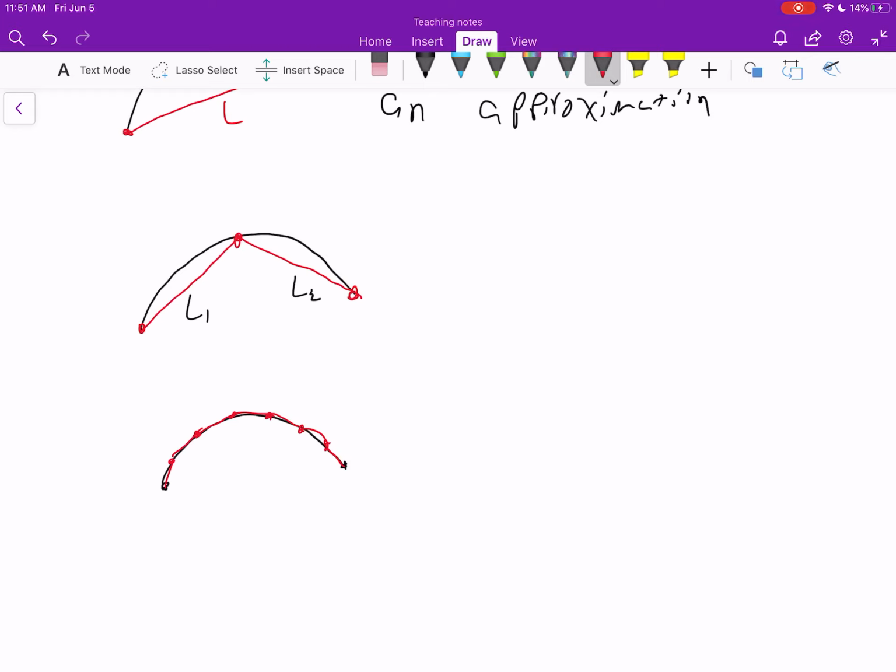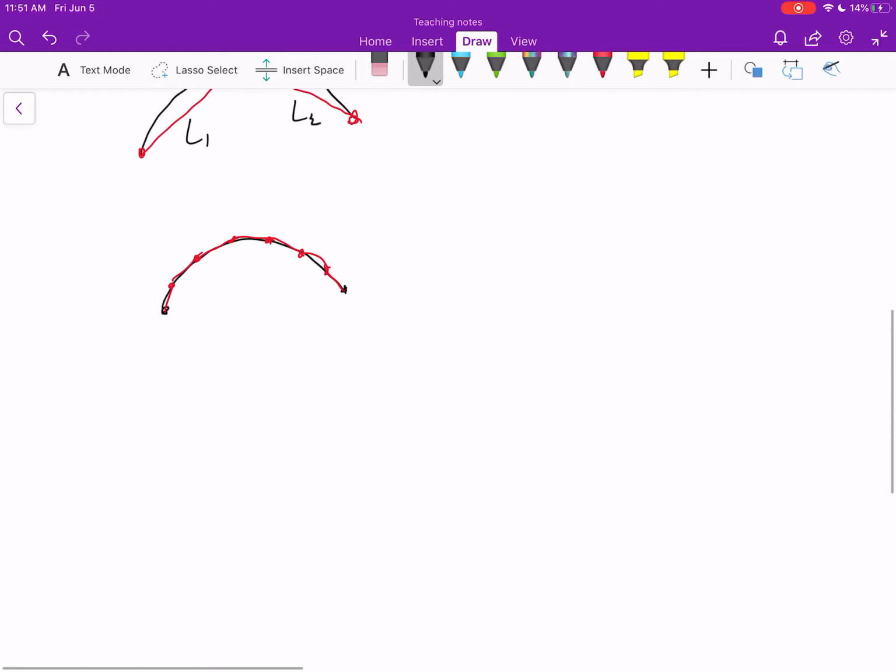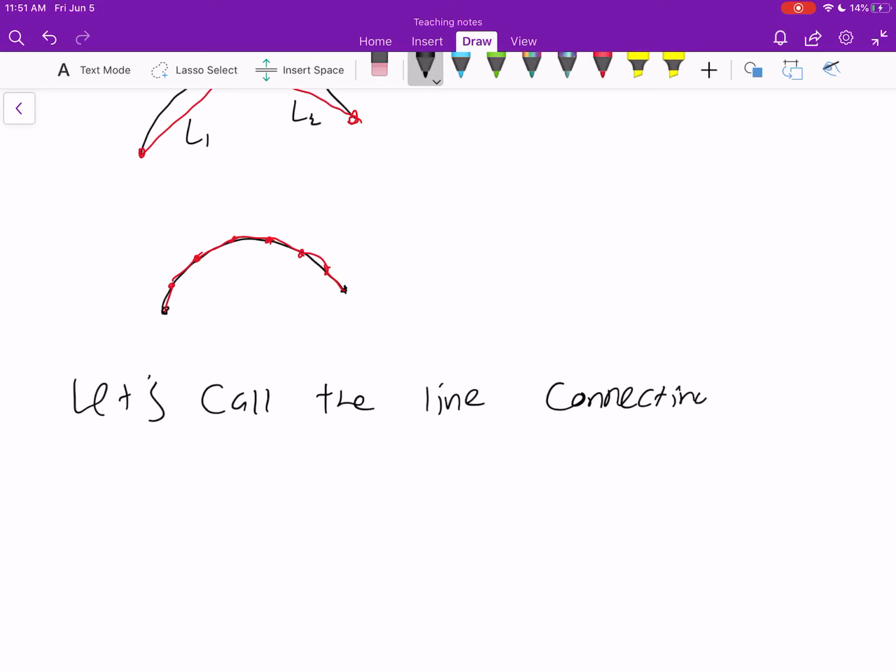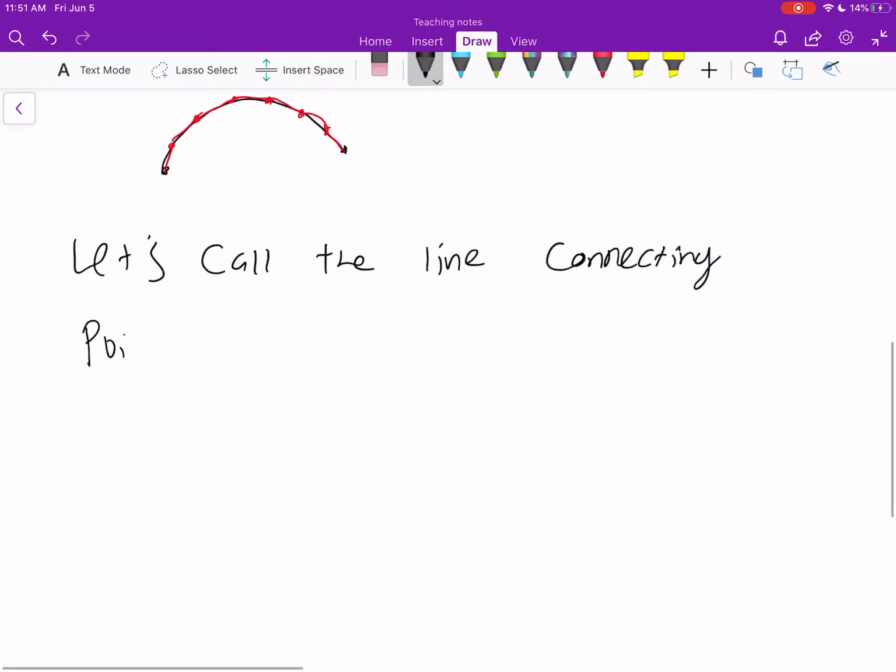So let's label these points. Sorry, this is a notation thing. Let's call the line connecting the points P sub i minus 1 and P sub i.